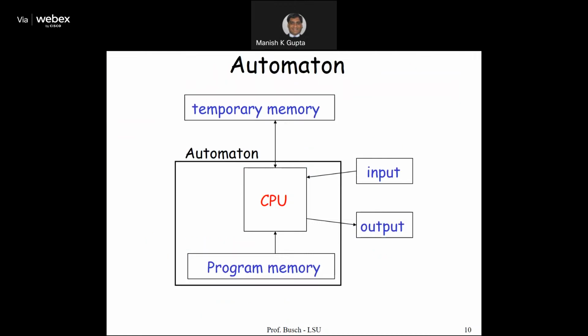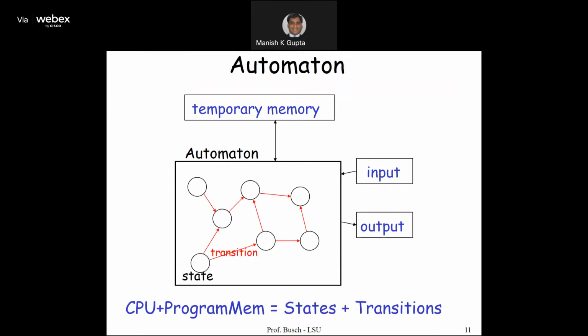See, this whole process, CPU and program memory, is known as an automaton. So there is an input to it, an output from it, and of course it can occasionally use temporary memory. So this whole thing is known as an automaton. Normally CPU plus program memory is described in terms of states and transitions. States we describe in the form of a circle, and after receiving some input, you move from one state to another state.